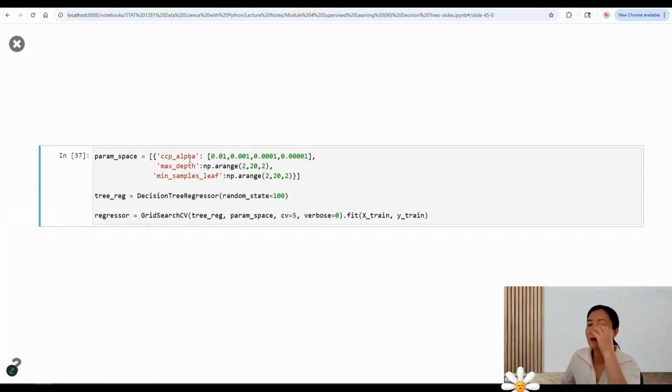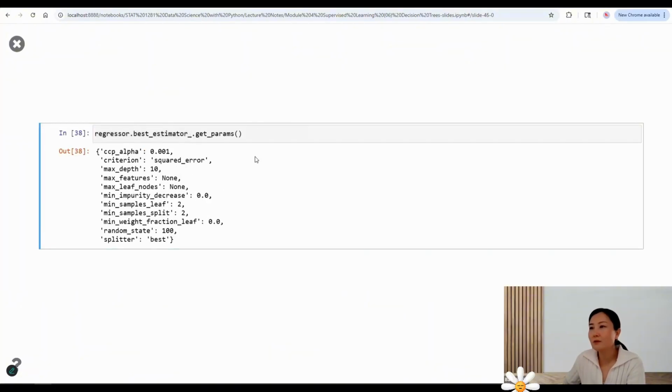Let's consider three hyperparameters again: CCP, max depth, and minimum samples leaf. Then we use GridSearchCV, cross-validation, to find the optimal combination of values, and print out the result.